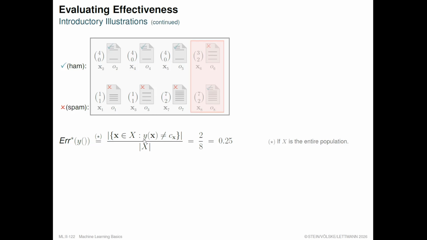The only thing we have to really take into account here is the total number of objects, or in this case features, that we want to consider, because our error is supposed to be a rate, so out of 100% or out of 1. So we take the entire population as our base set, which is a bit tricky here because we have a multiset, but what we really do is we just take the number of our objects here.